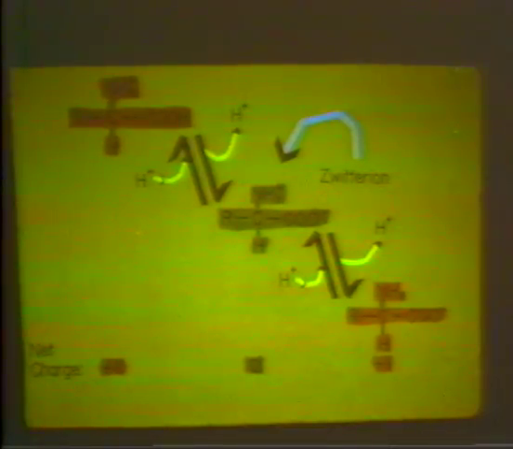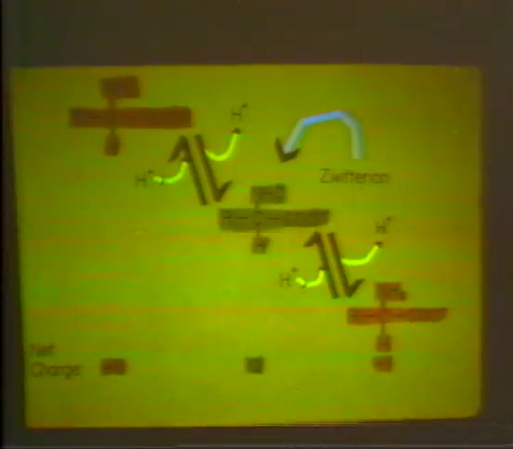Conversely, if we move back to the near neutrality situation, we have the structure as is seen in the center. And then if we move into a strong base, we will find that the structure as seen on the right occurs, namely the proton is lost from the amino group, and we have then a net negative charge on the amino acid. The structural species which is found in the center, the zero charge species, has another name, and that is the Zwitter ion, and that is indicated here on the slide.